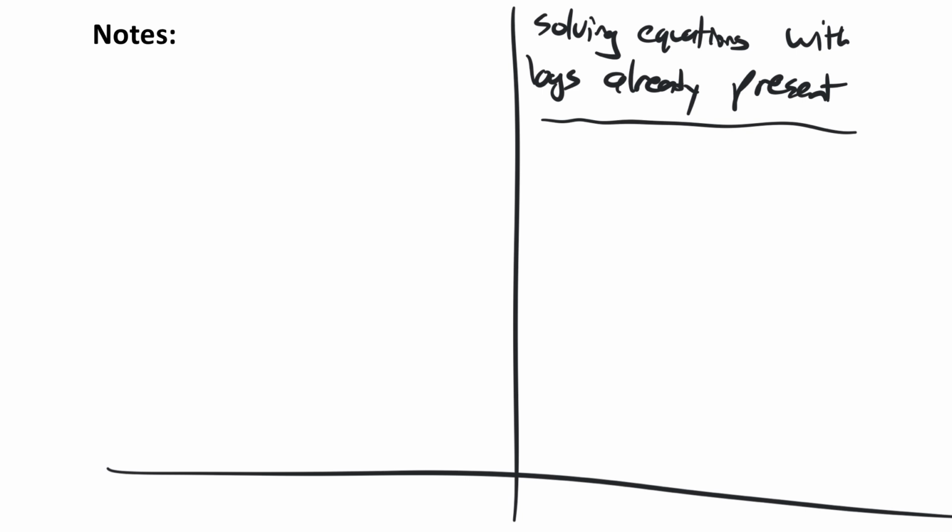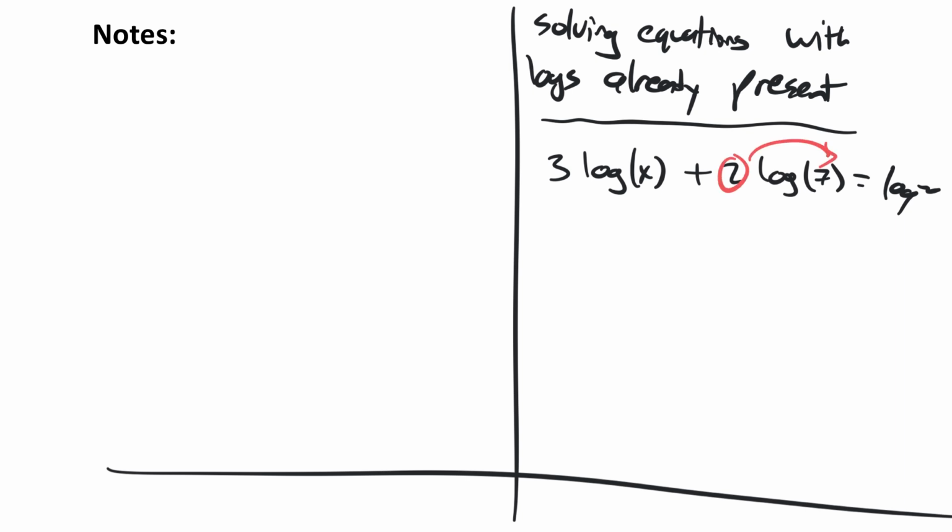The only new thing here is if you have something like 3 log x plus 2 log 7 or something equals log of some other stuff. This 2 needs to hop up, this 3 needs to hop up before you can combine them and before you can multiply everything.